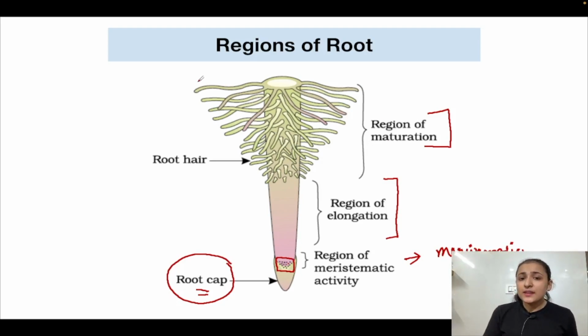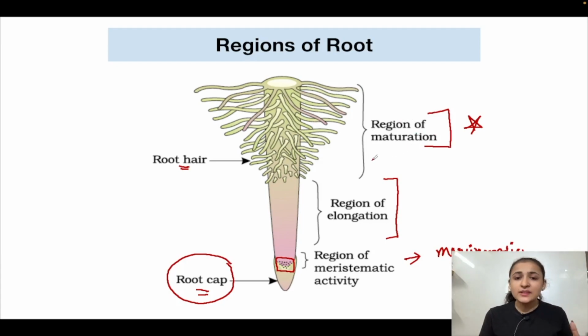Now, it is from the region of maturation that fine thread-like structures arise, which are known as root hairs. And what is the purpose of root hairs? The absorption of water and minerals. The most important function of a root, absorption of water and minerals, takes place via root hairs. Root hairs arise from the epidermal cells of the region of maturation.